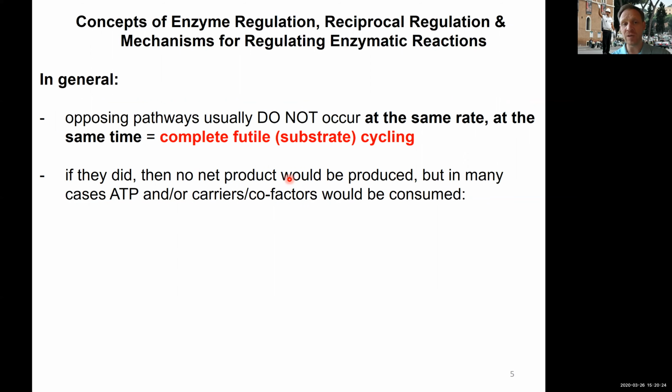Generally, we want to prevent that because if you're fluxing them at the same rate, meaning the same flux at the same time, you're breaking down the product just as fast as you're making it. All you're doing is using up ATP and potentially your electron carriers and cofactors. So you don't seemingly achieve anything here. So in general, complete futile cycling usually does not happen.